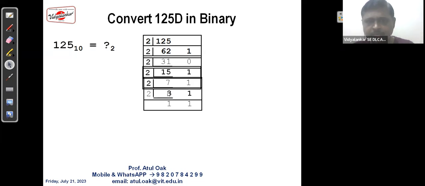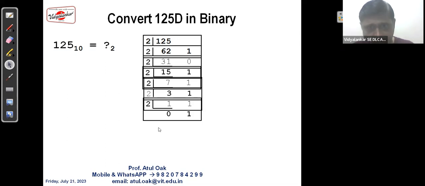Divide 3 by 2. Your quotient is 1 and remainder is also 1. Now divide 1 by 2, because division by 2 is the algorithm. Your quotient is 0 and your remainder is 1.